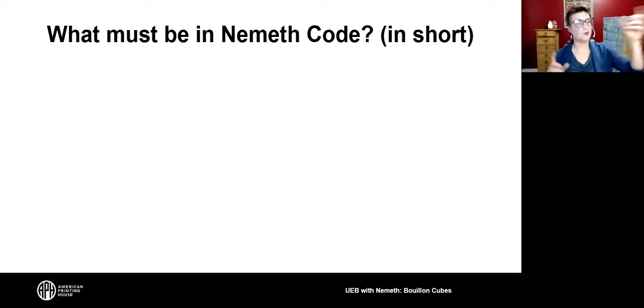Maybe there are 2 math formulas in the whole thing, and that probably doesn't necessitate using the Nemeth Code at all. So where the person who needs the transcription has said, there's enough math in here, and I need that math in Nemeth Code because that's the way that I write and read and use the language of mathematics.